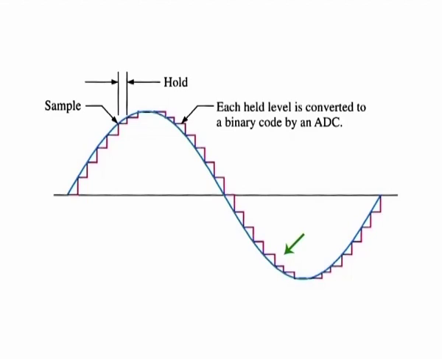This circuit that performs A to D conversion is an analog to digital converter. Once the analog signal has been converted to a binary coded form, it is applied to a digital signal processor.